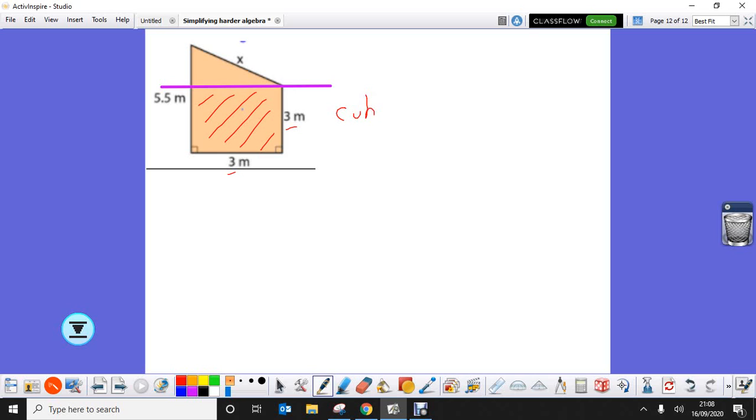So I've got a cube and I've got a triangle. Now, because this is a cube and my lines are parallel, that means that this top angle here will have to be a right angle triangle.